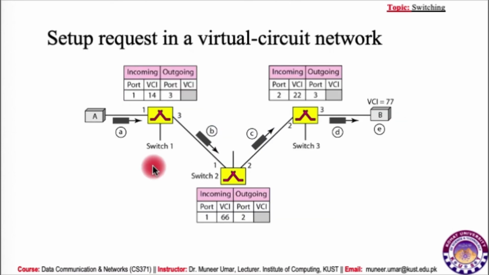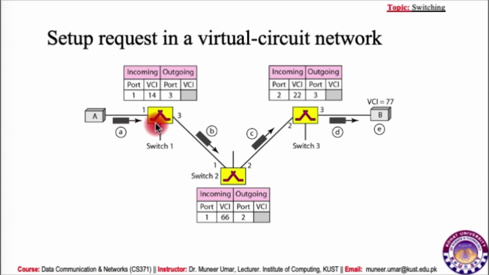So the setup request in a virtual circuit network can be demonstrated with this figure. Here we have some steps. The first one is source A sends a setup frame to switch 1. Switch 1 receives this frame.